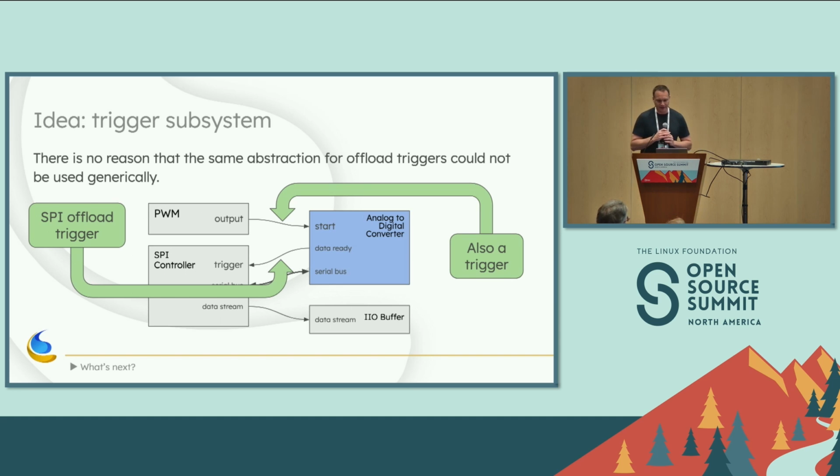Another thing that is not really related to SPI specifically, but we made the trigger source bindings generic in the device tree, but I would also like to take that one step further and make a trigger subsystem, I guess, in the Linux kernel, so that we have generic APIs. Right now we just have the SPI offload trigger get, but really there's no difference between the ADC telling the SPI offload to trigger versus the PWM telling the ADC to trigger a thing.